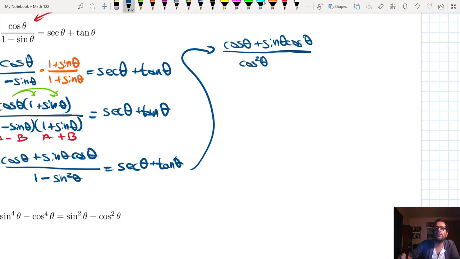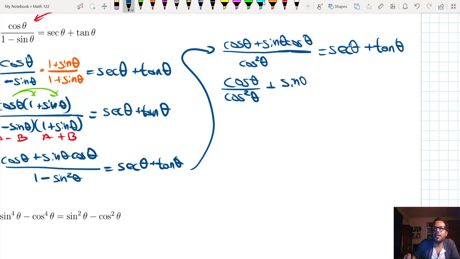That should be equal to the sum of secant theta plus tangent theta. So we are going to split this into two fractions: one, cosine theta divided by cosine squared theta, plus sine theta cosine theta divided by cosine squared theta.